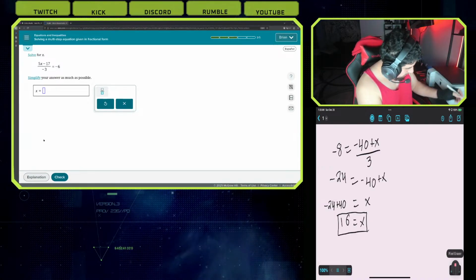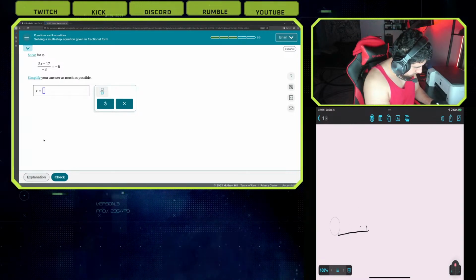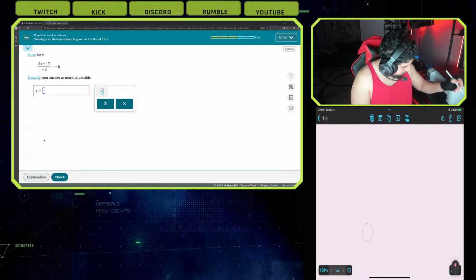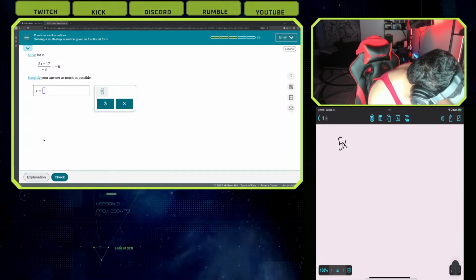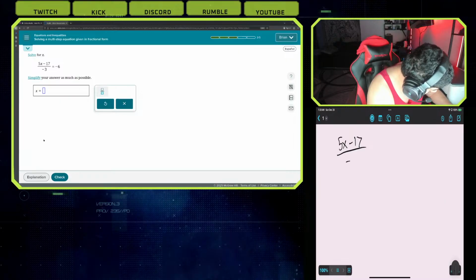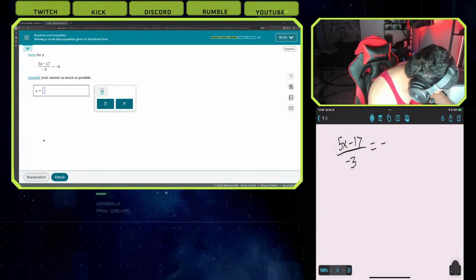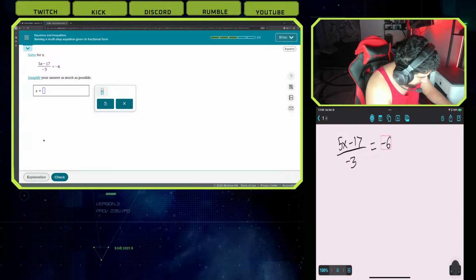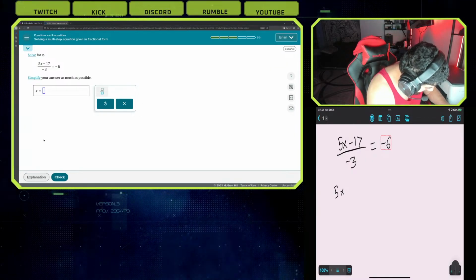Next one. Erase. All right, 5x minus 17 all over negative 3 equals negative 6. Now, just immediately go to writing the top portion.